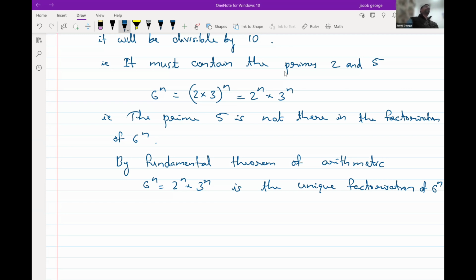So 5 is not there. 5 is not there means we will not get multiples of 10. We will not get multiples of 10 means, can it end with the digit 0?